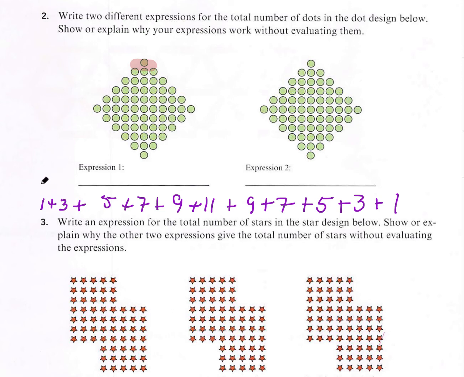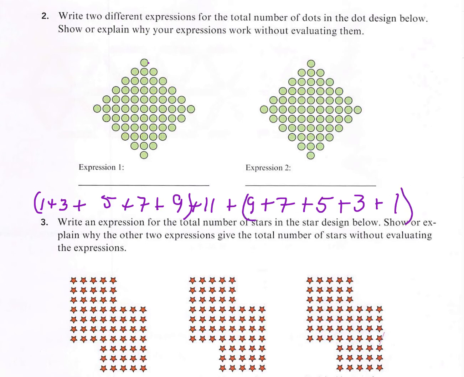And to explain this, I would say, well, I have 1 dot in the first row, 3 dots in the second row, but I might start to see some different patterns going on here. But even just looking at this expression right here, I can start to see there's a way I could simplify this.